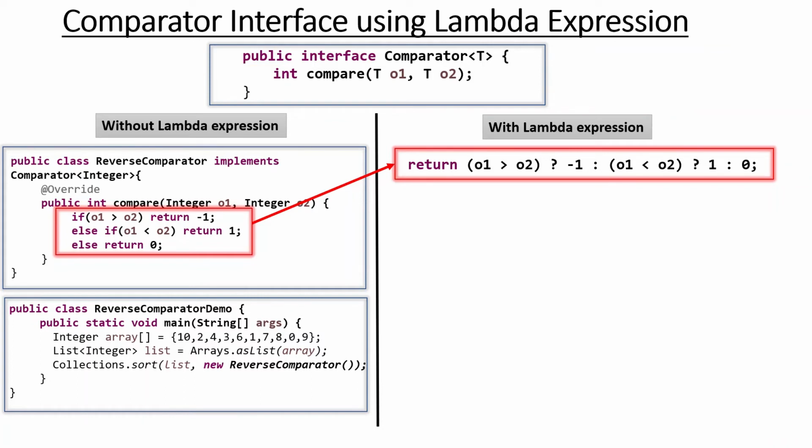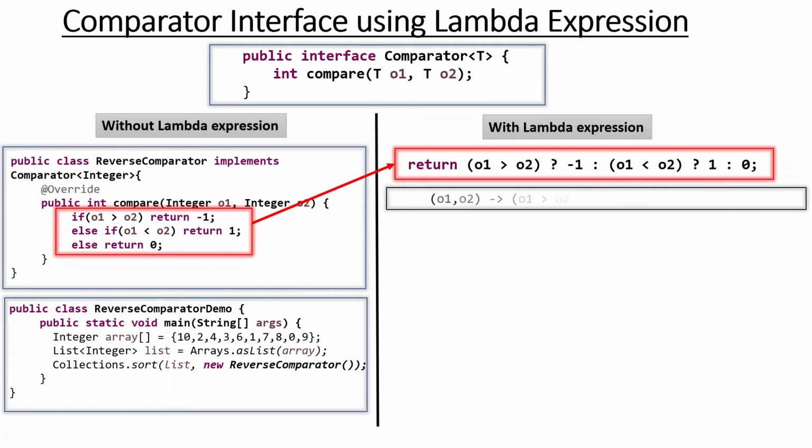Now let me convert this compare method to lambda expression. So the function compare can be written as o1 comma o2 and the expression that we wrote above. Then we have studied that functional interfaces are capable of holding the lambda expression. So we'll hold this expression in a comparator reference.